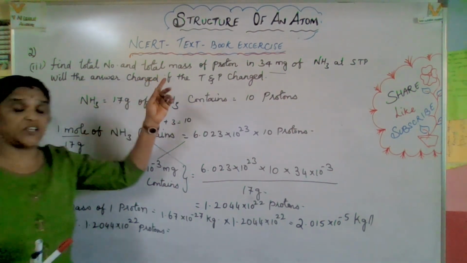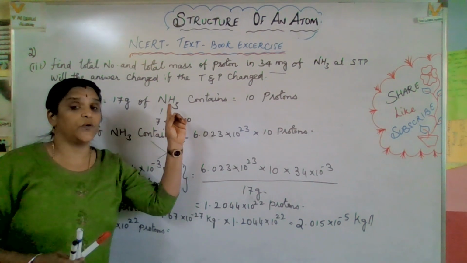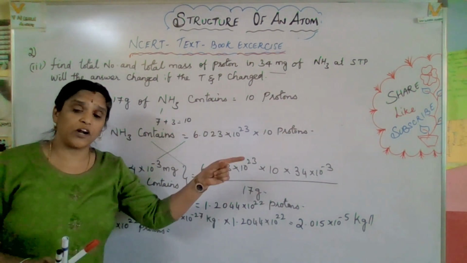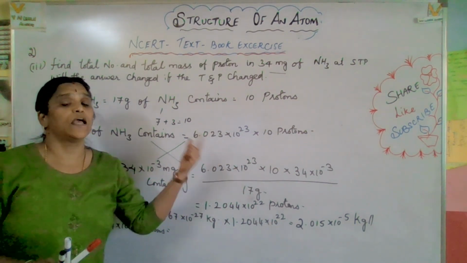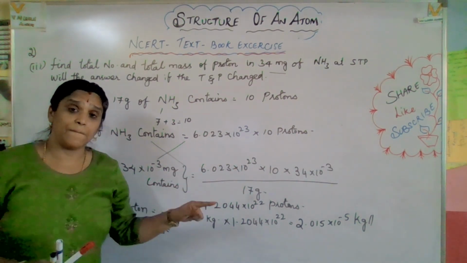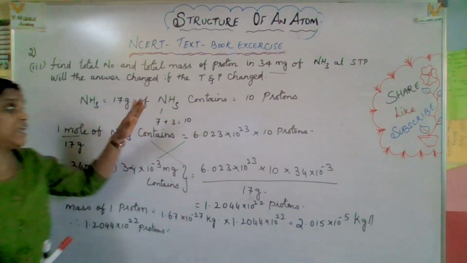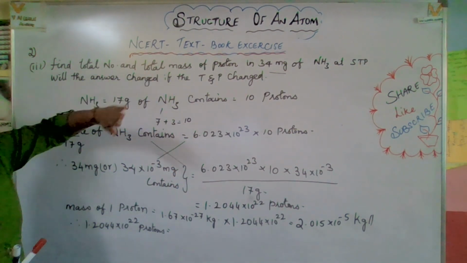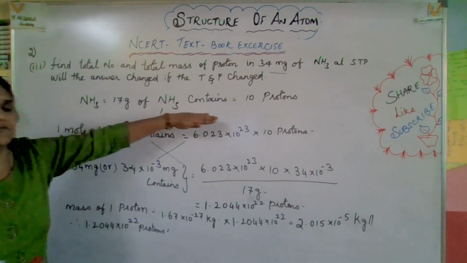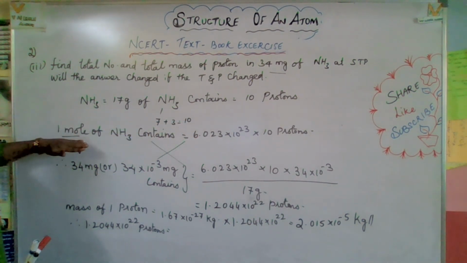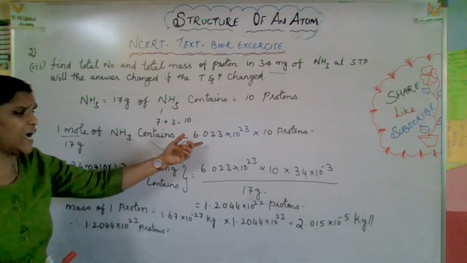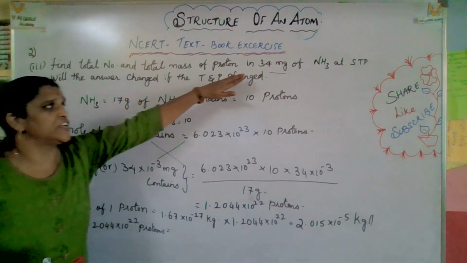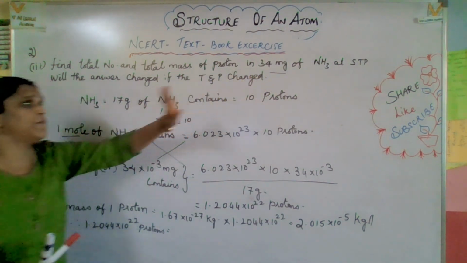See, in the last question they asked about neutrons. You mentioned 1 mole of carbon, and from that you found the number of neutrons. After that, you went for the mass of that neutron. The same way here also. Here total number of proton and total mass of proton. Here also you find the number of protons, and 1 mole of ammonia contains this many protons. Therefore, in the question they have mentioned 34 milligram of ammonia.